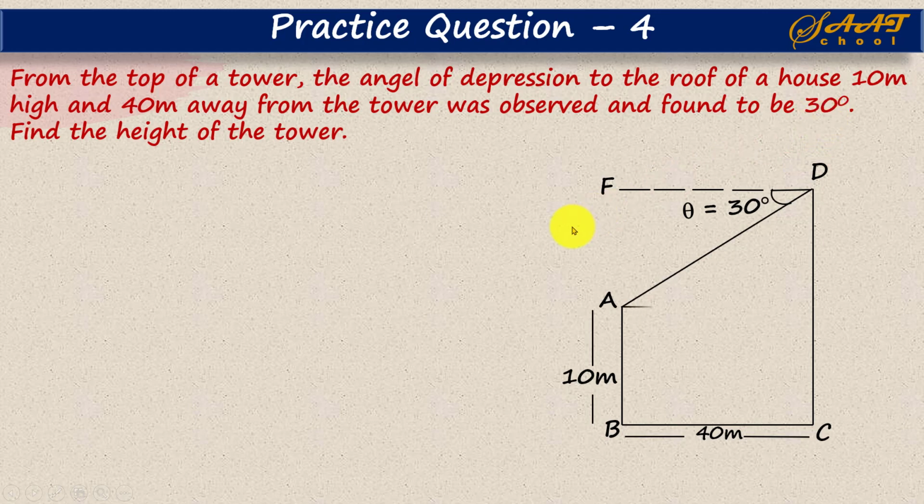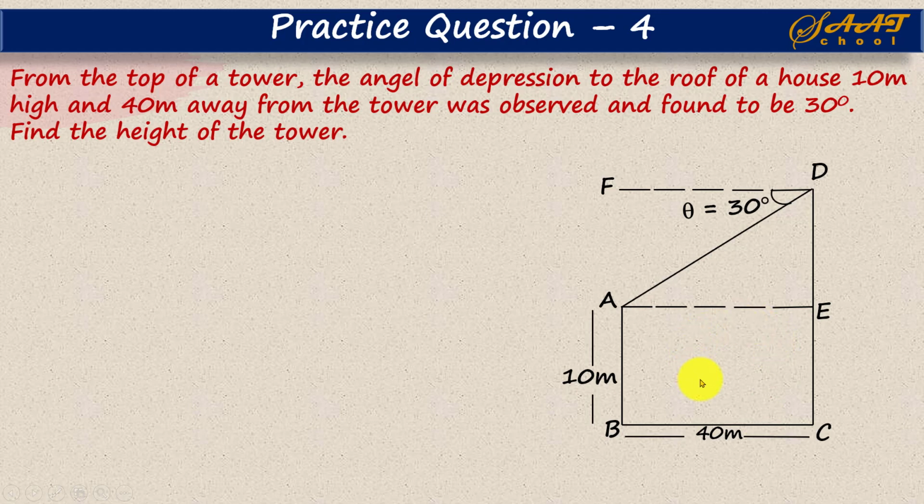Now what we do is we draw a parallel line to this FD. So this line is parallel to FD, as well as this line is parallel to BC. So remember, all these three lines are parallel. That's why we can say this AE is equal to BC.